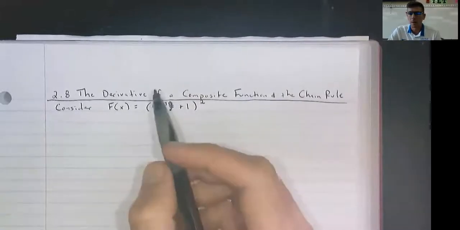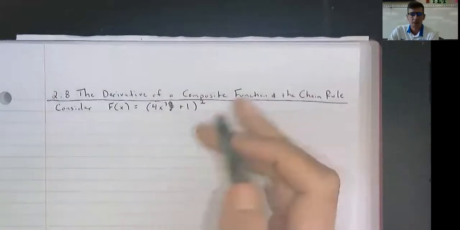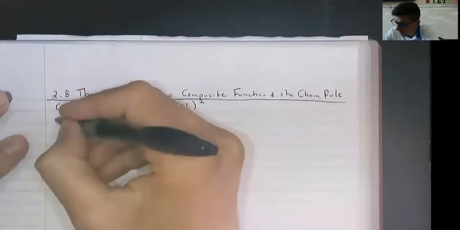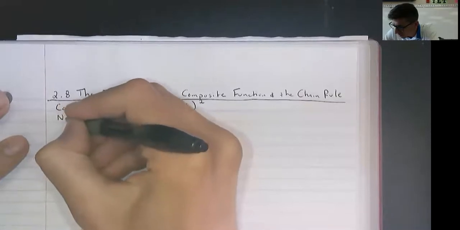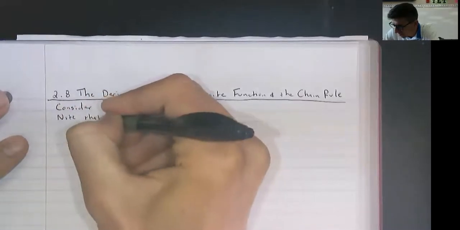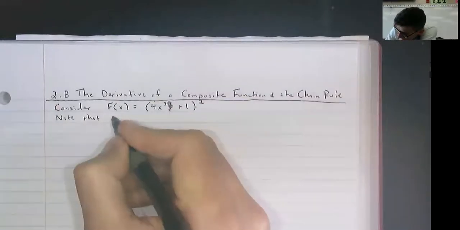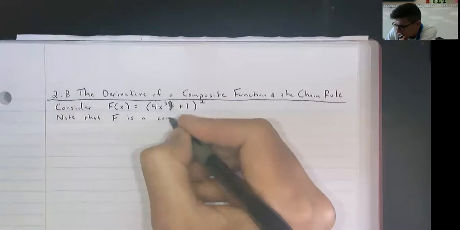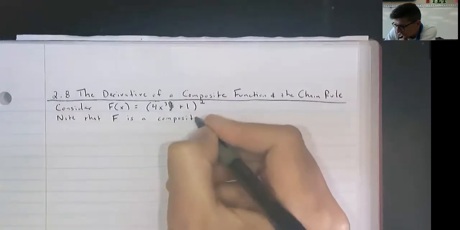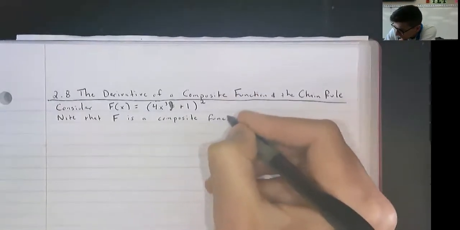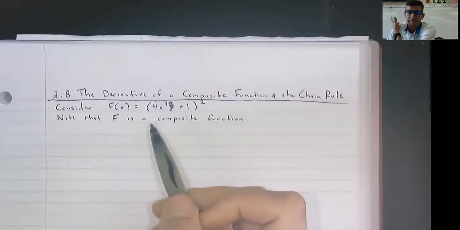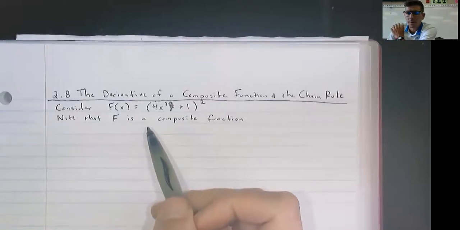Before we start worrying about what F prime might be, let's just note here that F is in fact a composite function. I know you've dealt with composite functions prior to meeting me.